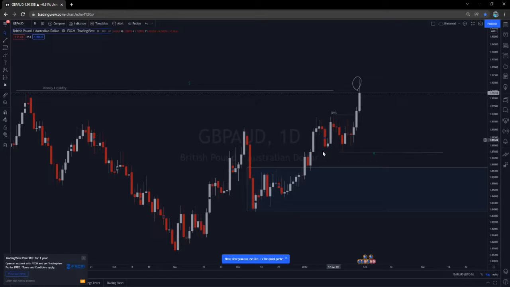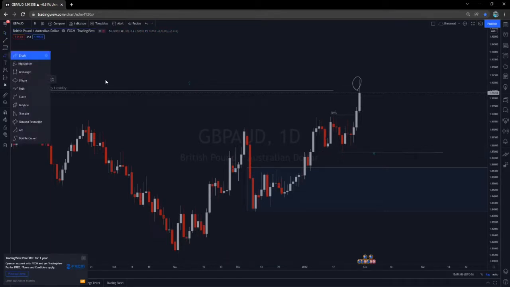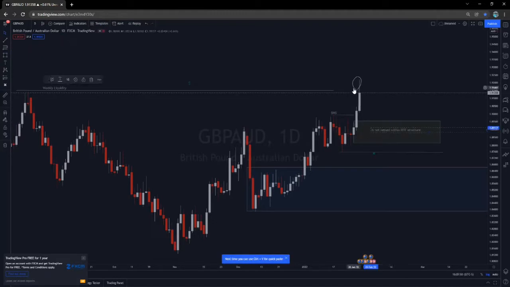So we know that with a break of structure, the market has incentive to come back and retest an order block. Because this area is not listed within a high time frame structure, that is the weekly, it's not really a high probability area. The next potential area of demand will be this area over here.